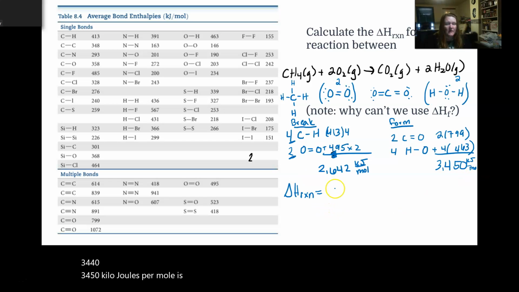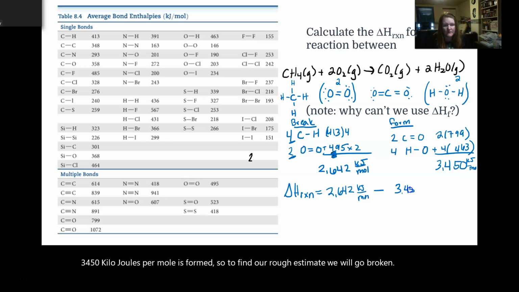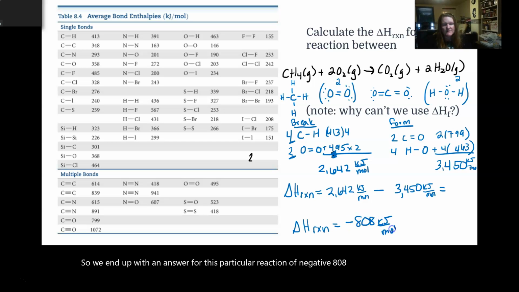So to find our rough estimate, we will go broken minus formed. So we end up with an answer for this particular reaction of negative 808 kilojoules per mole as our estimate.